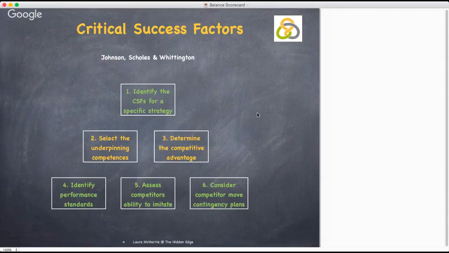Step 4, identify the key performance indicators, the standards for each critical success factor that will enable the business to outperform. Step 5, assess the extent to which competitors can imitate each underpinning competence.